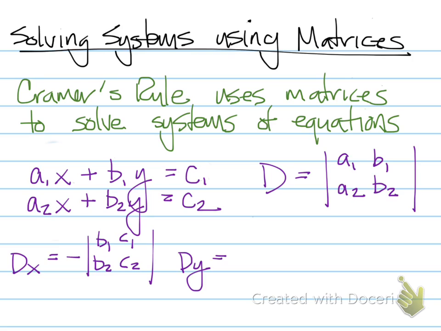To find the determinant for the y's, or the y determinant, we're going to cross out the y's, and then find the determinant of the remaining values. So inside the determinant, we should have A1, C1, A2, and C2. Notice there is no negative in front of the y determinant.